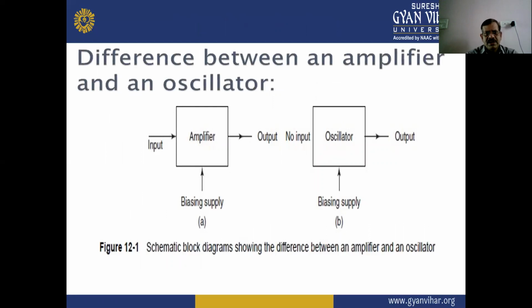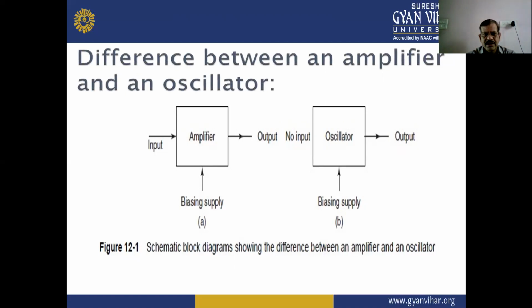What is the difference between an amplifier and an oscillator? This block diagram shows the difference. In an amplifier, an input is applied to the amplifier and a biasing supply is also applied, and we can measure the output at the output terminal of the amplifier.